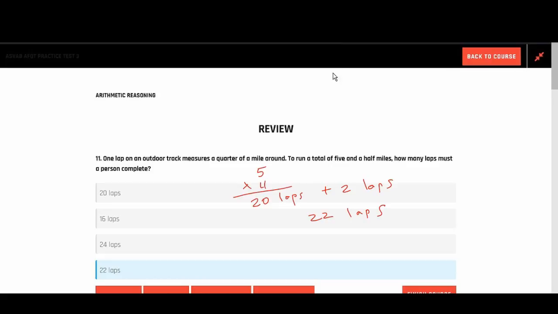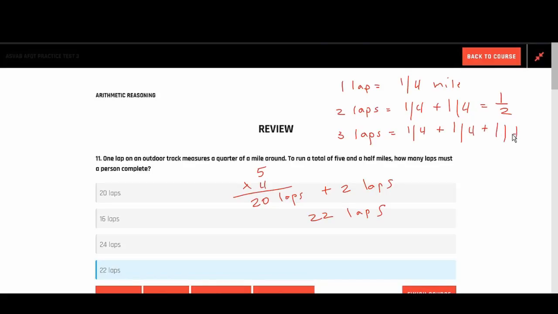If you needed me to break this down even further, we have this 1 lap equals 1/4 mile. Therefore, 2 laps equals 1/4 plus 1/4. 1/4 plus 1/4 is a half mile. 3 laps equals 1/4 plus 1/4 plus 1/4, which is 3/4 of a mile.